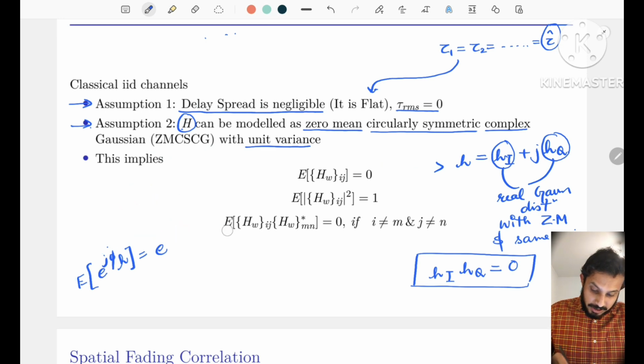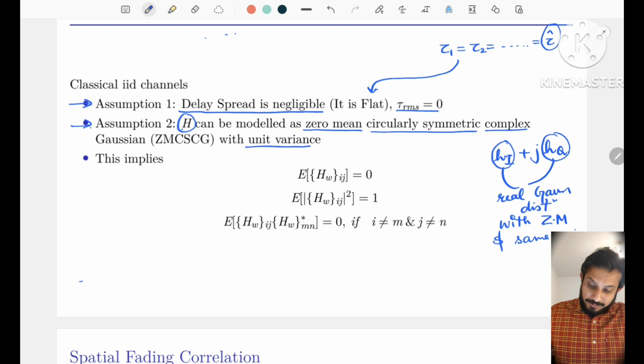So the two assumptions of these classical IID channels are, first, a flat fading, and second, H should be modeled as a zero mean, circularly symmetric, complex Gaussian with unit variance.